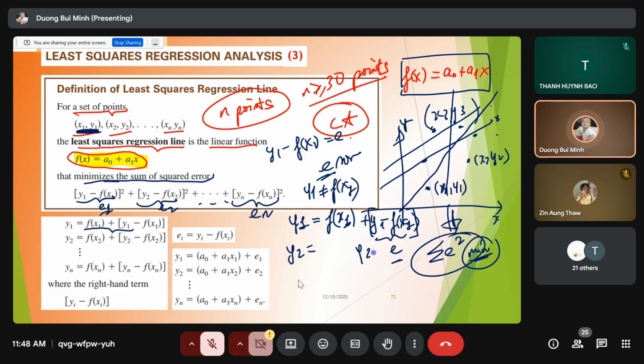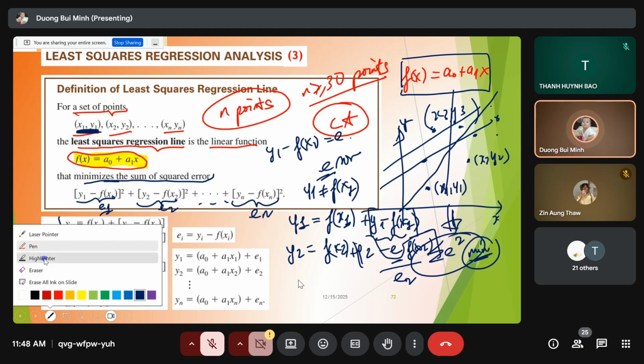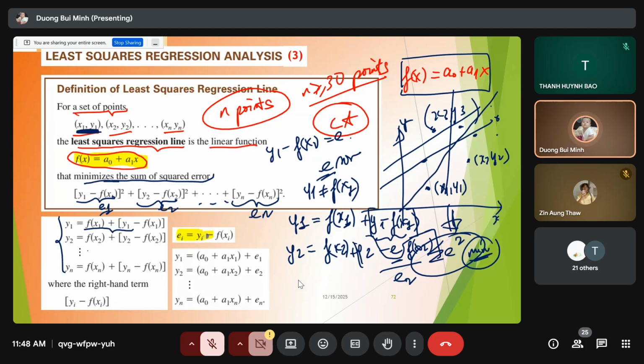Then y2 is f(x2) plus e2, where e2 is y2 minus f(x2), and so on. So more generally, ei is yi minus f(xi). These are the errors.